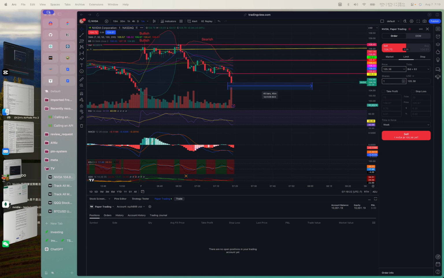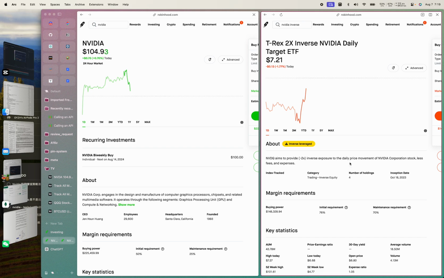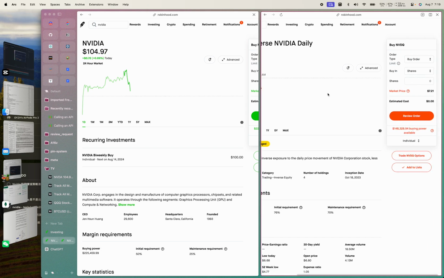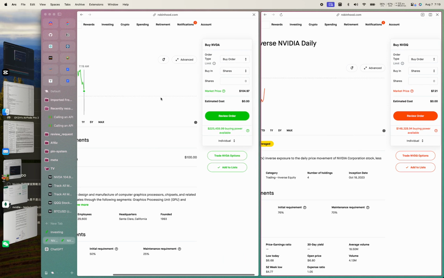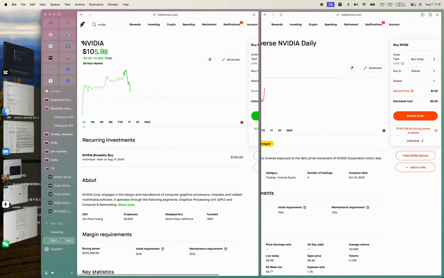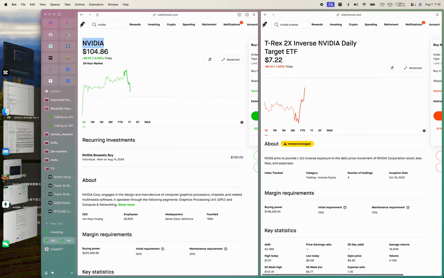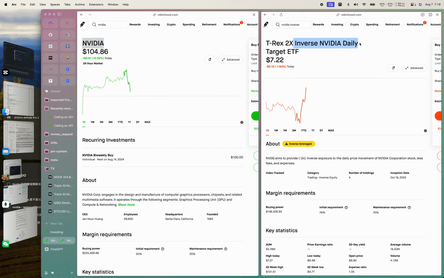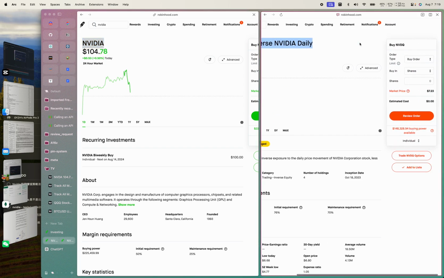Okay, this one. And Nvidia stock. Okay, get it. Because I've already missed that opportunity. I talk too much. But I will show you the stock option as the stock I'm going to use. I can directly buy Nvidia stock, or I buy this inverse Nvidia strategy to short Nvidia.